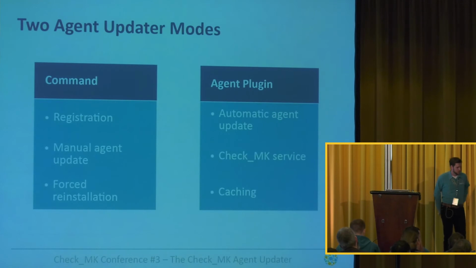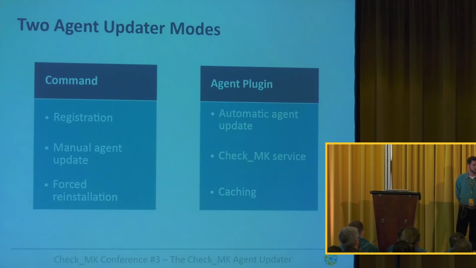So if something didn't work or broke for whatever reason, then we can also install it again. On the other hand, the agent plugin, that's our possibility to carry out the update automatically, once an hour or however often you want to configure it.